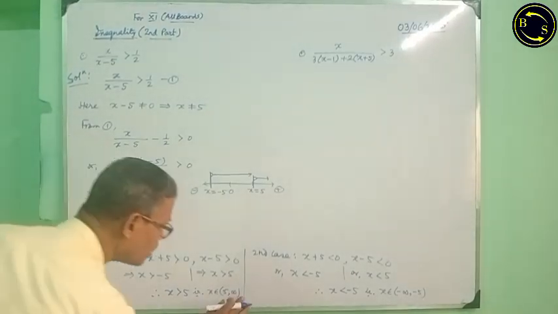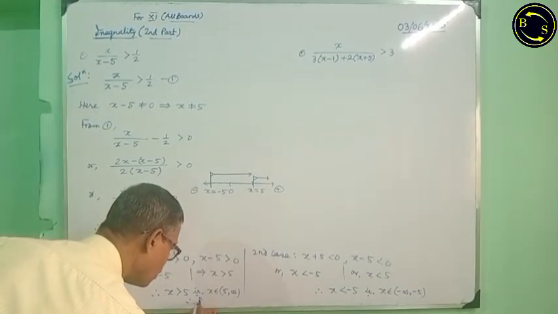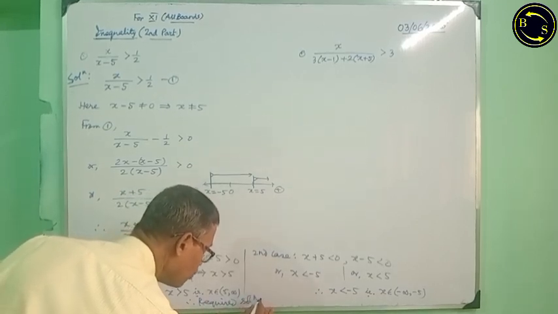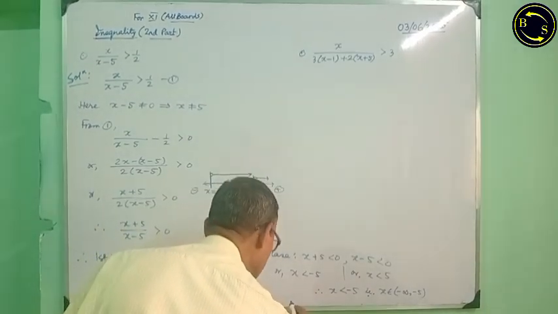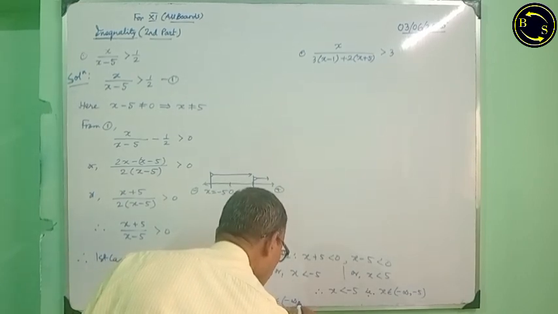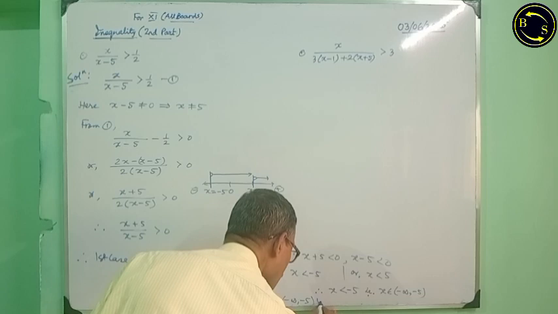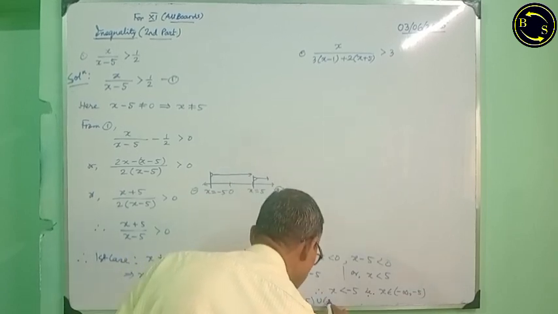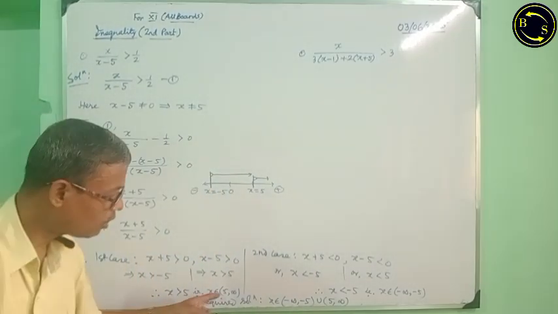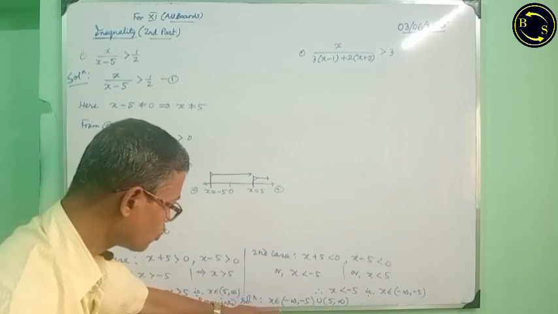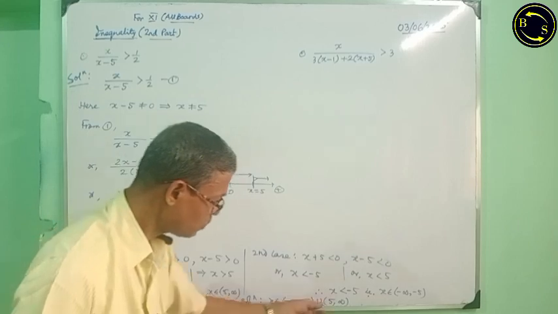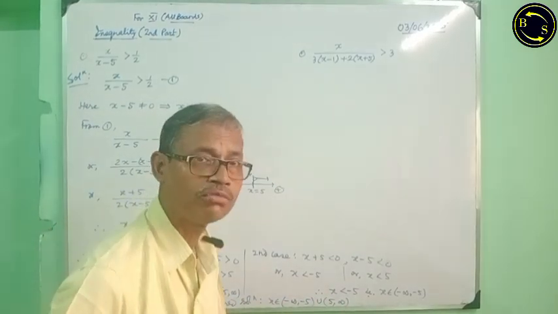Therefore, solution will be union of these two intervals, x belongs to minus infinity to minus 5, union 5 to infinity.